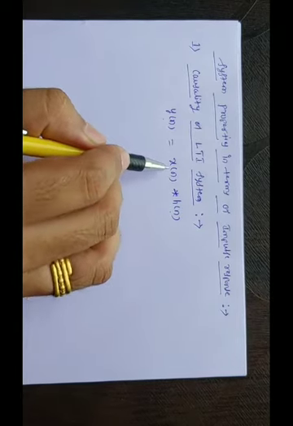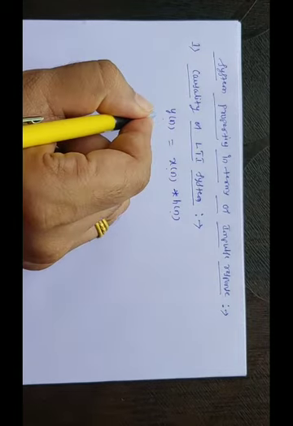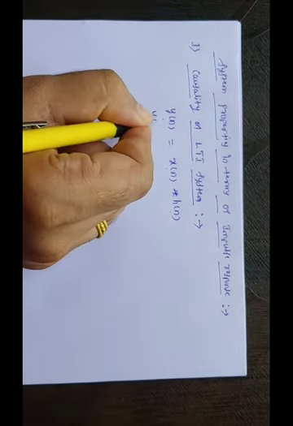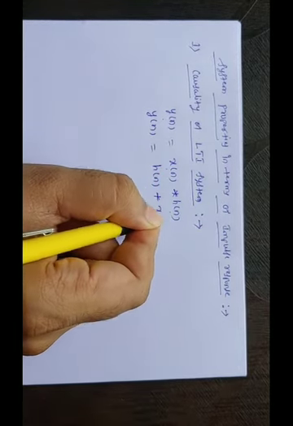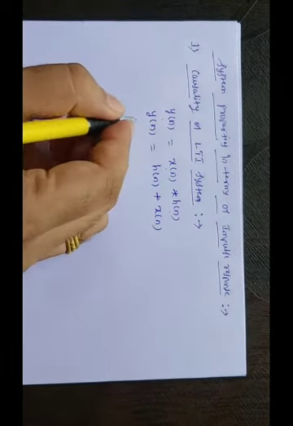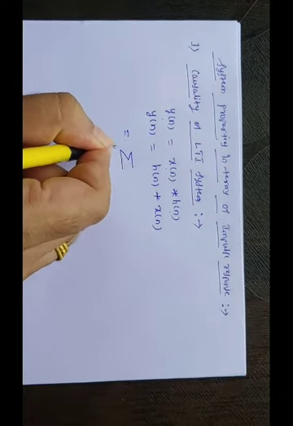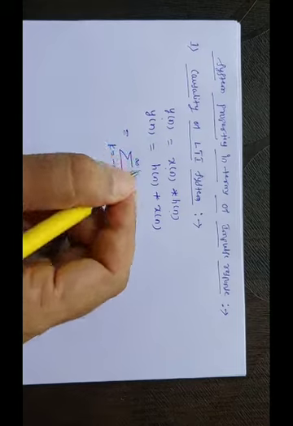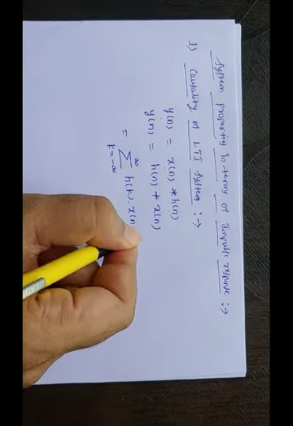As we already know, the convolution sum obeys the commutative property, so I can write this as y of n equal to h of n star x of n. Now I am going to write the formula: summation of k equal to minus infinity to infinity, h of k into x of n minus k.